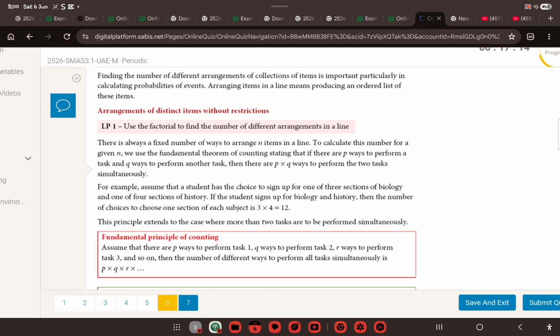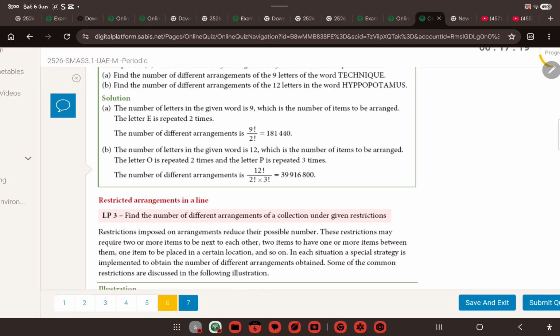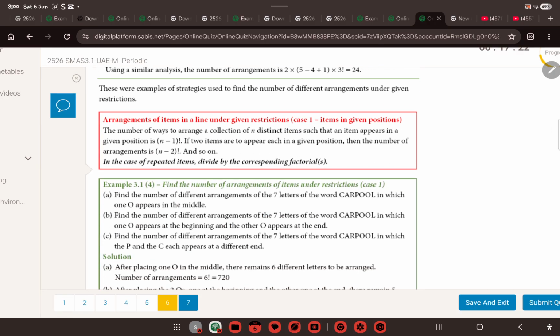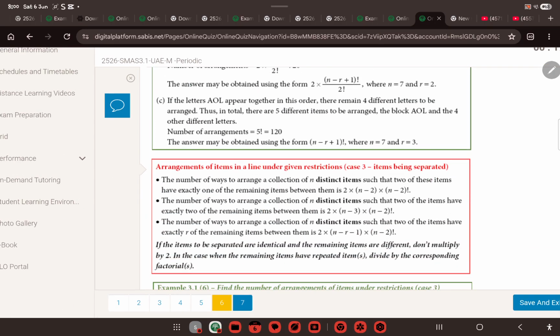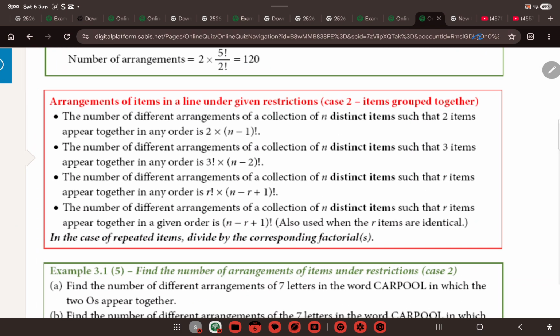Also, if you go to the explanation, it says it's not always multiplied by 2. If it's 3 items appearing together in any order, it's multiplied by 3 factorial. For example, if the question was A, R, and B are together, you multiply by 3 factorial in the beginning.